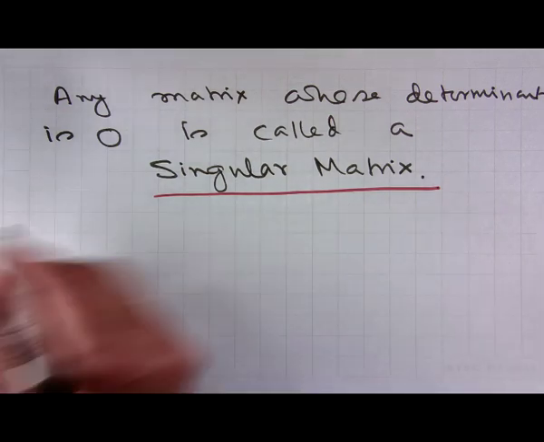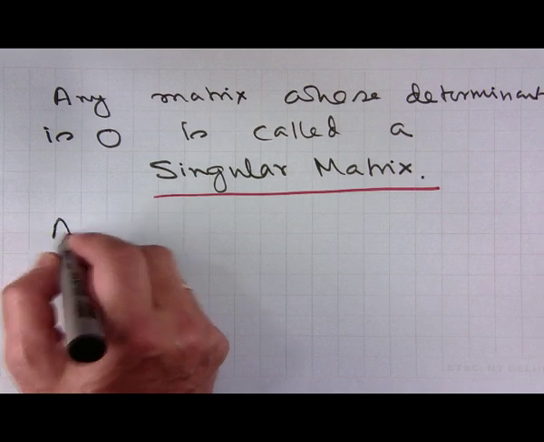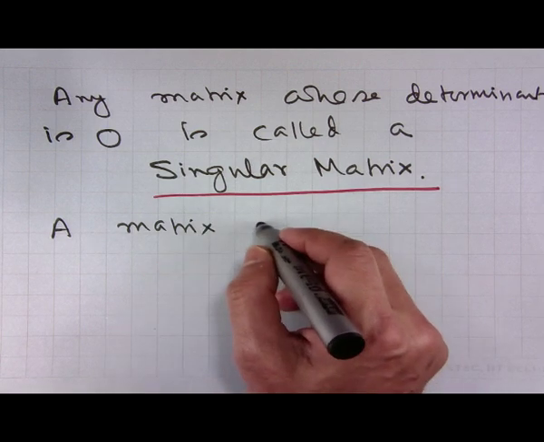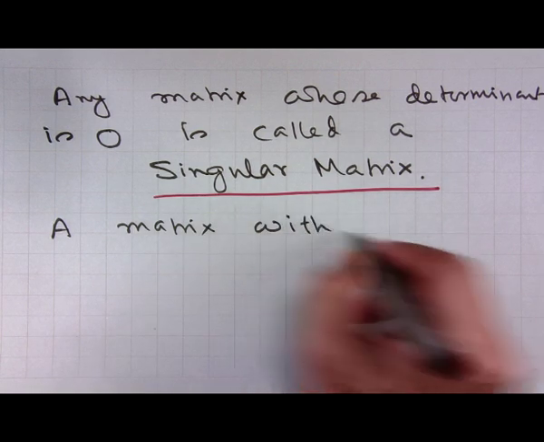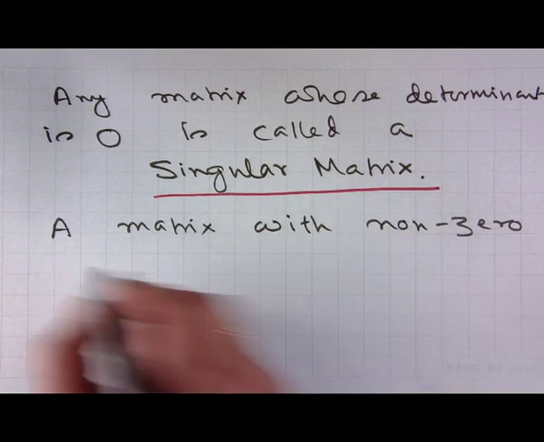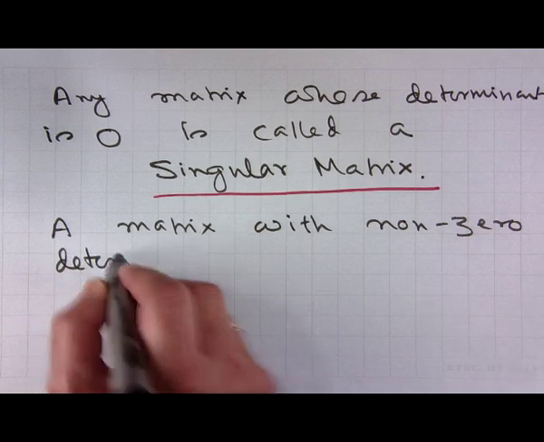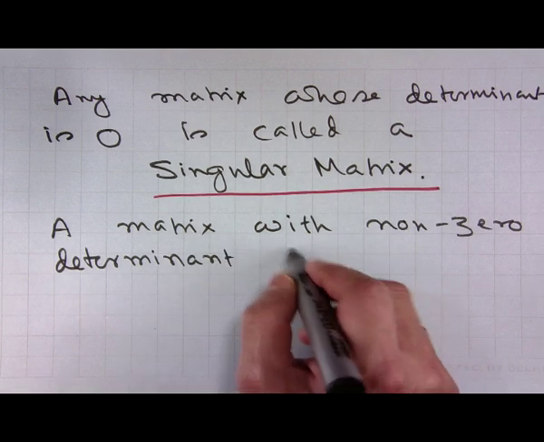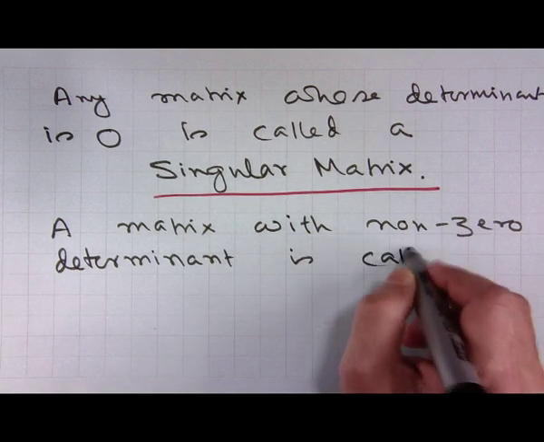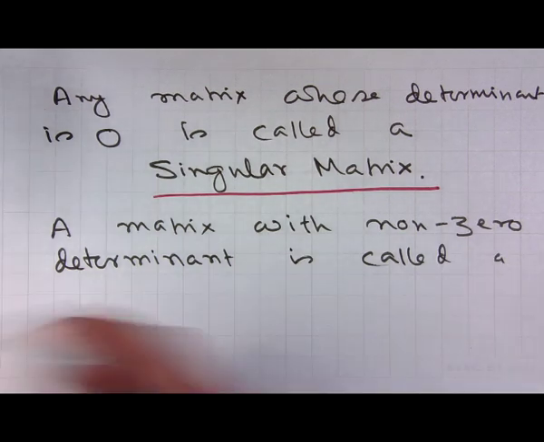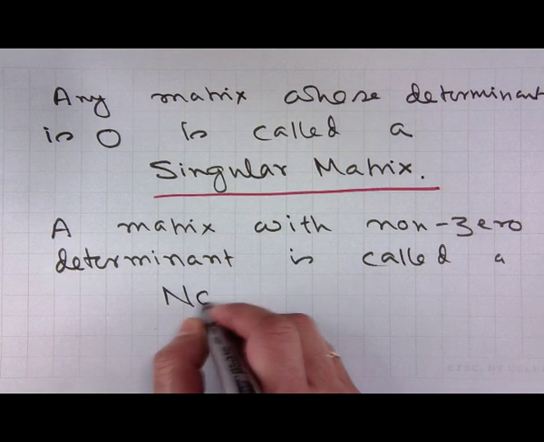Likewise, a matrix with non-zero determinant is called a non-singular matrix.